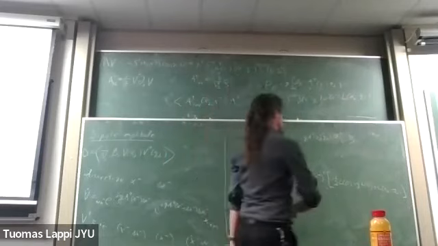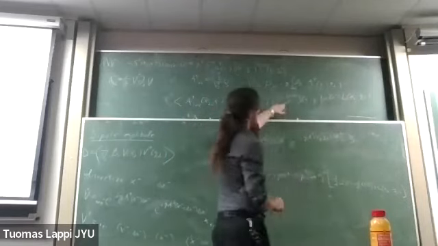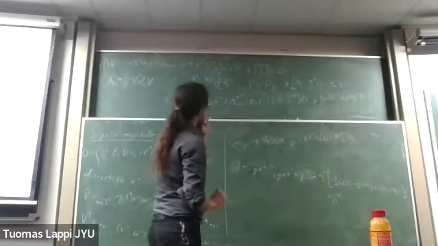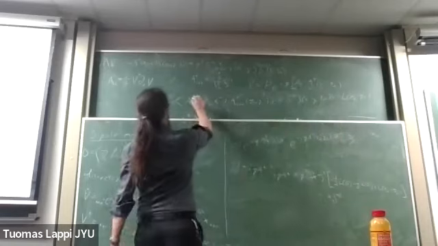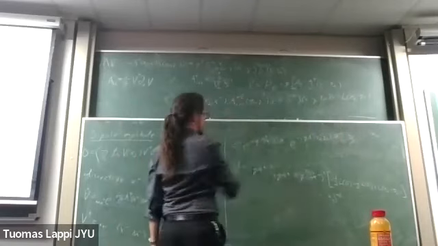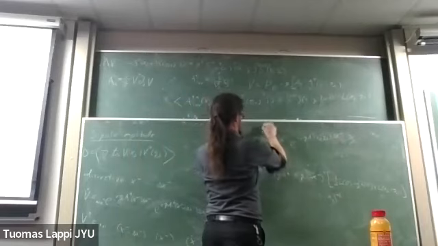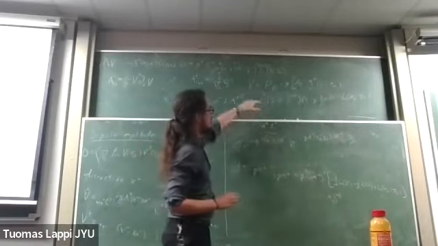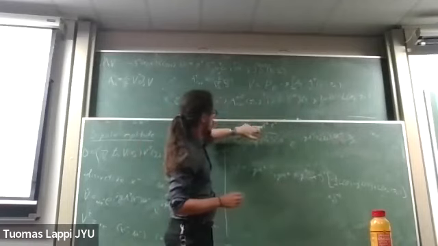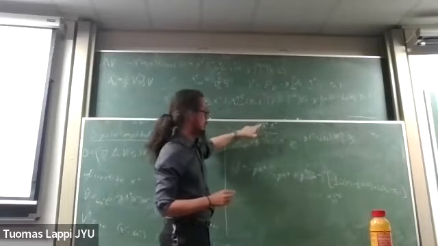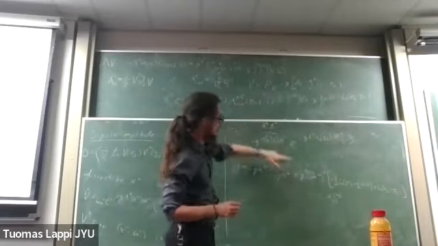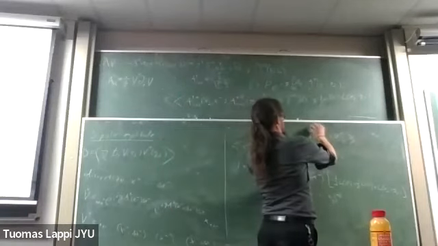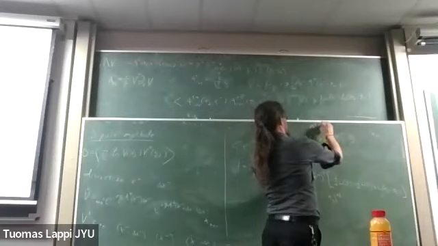And then there is a delta AB, and here I have a color index A, and I remember that this A is a color index A times TA. So I use the delta AB to contract the color indices of the individual gauge components, and then I'm left with this T^A T^A.